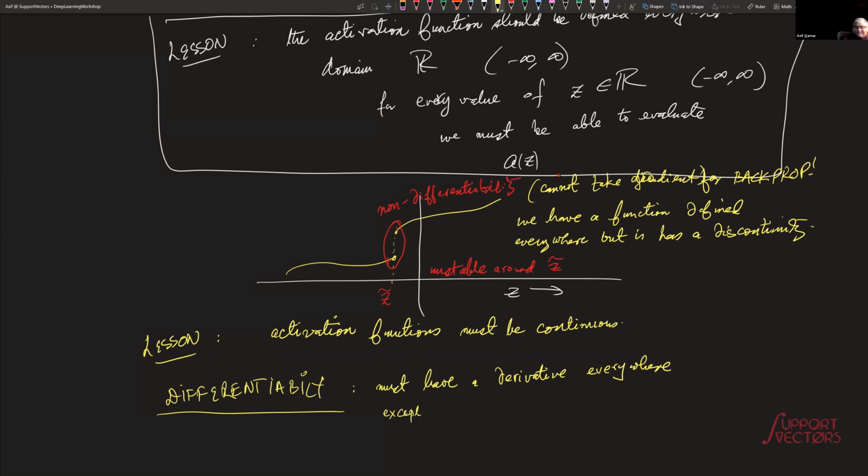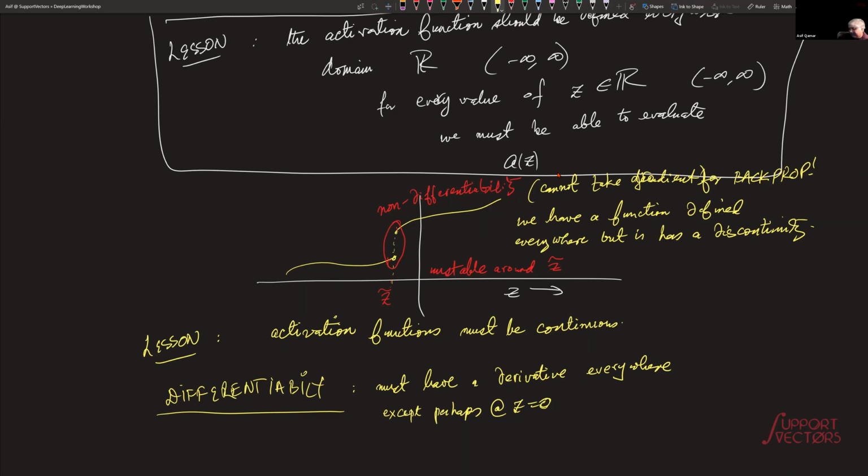So you allow it to be missing a derivative sometimes, and you'll see where, except perhaps at z equal to 0. And why this is there and you can get away with this, we'll come to that.